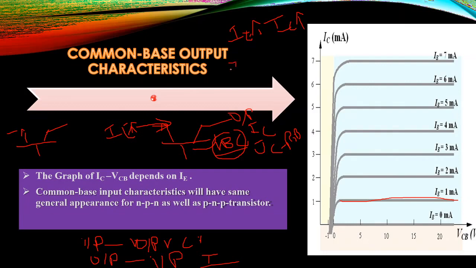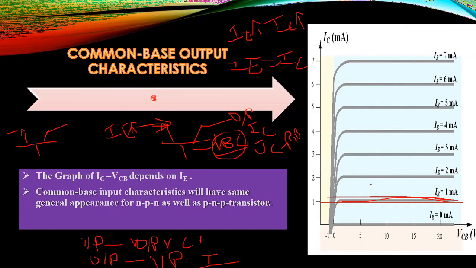We already know that IE equals IC if we are neglecting the IB current. So if you observe, almost all the current is constant with respect to IE and IC. That's why this type of common base configuration is called a constant current source.